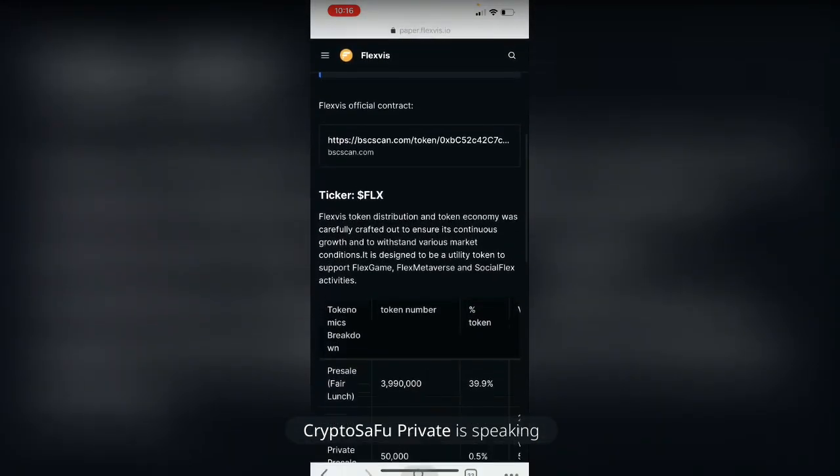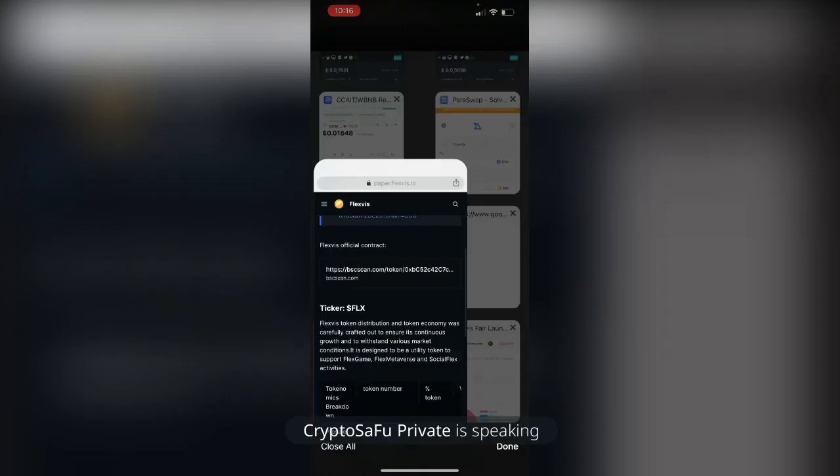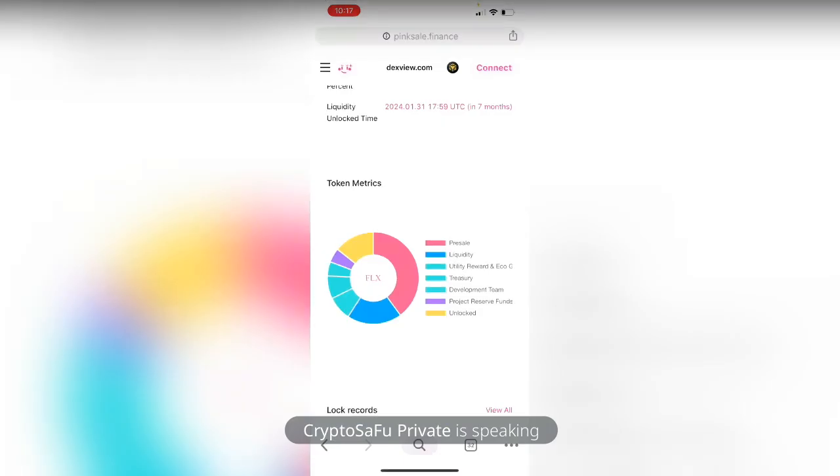The other presentation was just a graphical presentation of how the token was being distributed. So there is nothing so difficult in checking a project's tokenomics. This is the same for all projects across crypto.